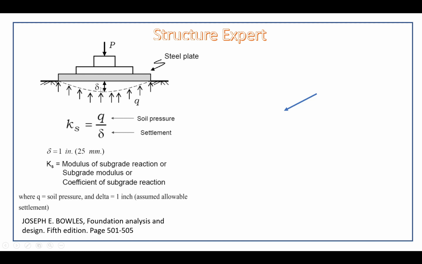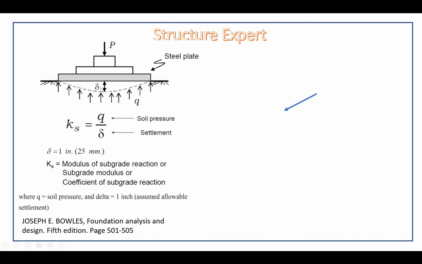We can put here the small lambda equal to 1 inch. 1 inch is equal to 25.4, but we round it down to 25, so we multiply. q ultimate and lambda is 25 millimeter, and if you want to convert from millimeter to meter, 1 divided by 25 multiplied by 10 to the power minus 3 meter, so it is equal to 40.